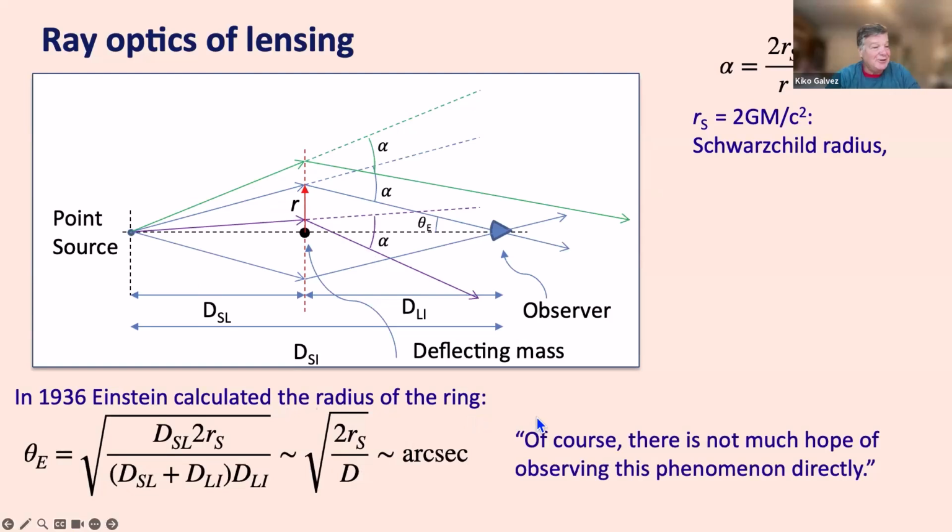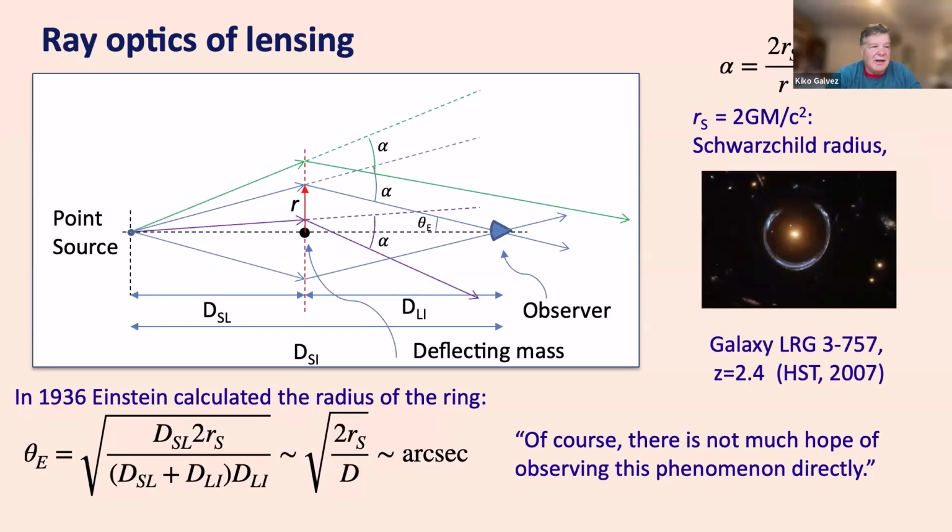And a note that he made about this work was, of course, there's not much hope of observing this phenomenon directly because in that time the resolution was not there. But of course, our astronomical instruments have improved much, and lensing has been observed.